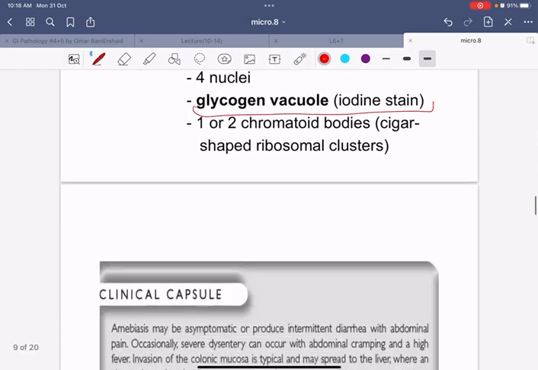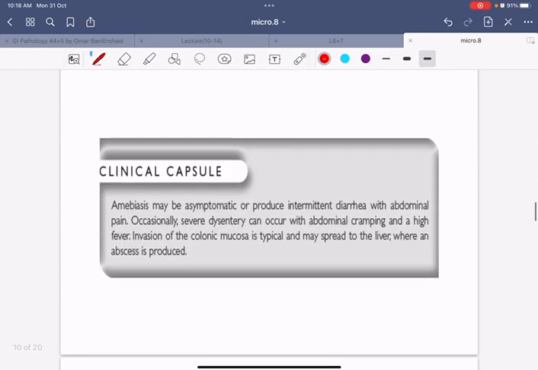Let us have a clinical capsule and see the importance. Amoebiasis, as I said, may be asymptomatic or produce intermittent diarrhea. The patient comes and says, doctor, sometimes I have diarrhea, sometimes constipation, not constant. Intermittent diarrhea, this is in favor of amoebiasis, with abdominal pain.